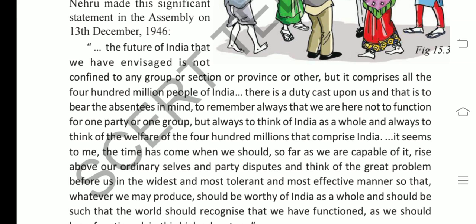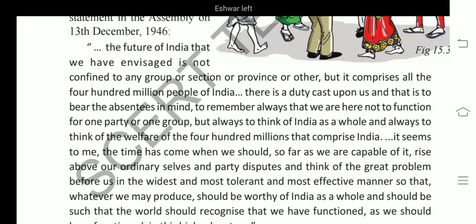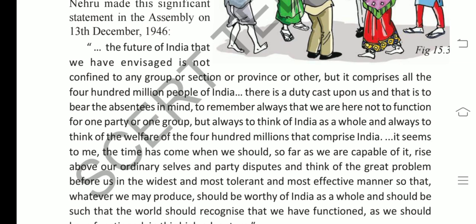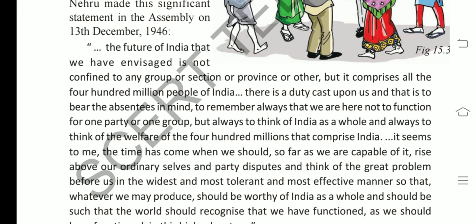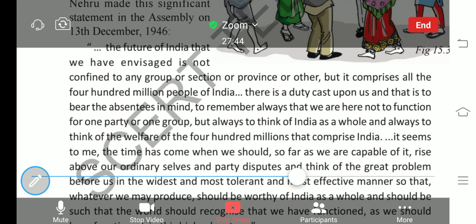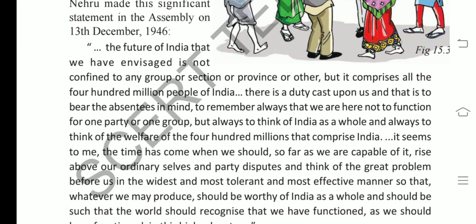So Nehru stated that they should keep in mind that the Constituent Assembly should prepare a constitution which should benefit all community people. Understand? So they should keep in mind that it should reflect the absentees also. And Nehru stated that these members should not work for any one party.